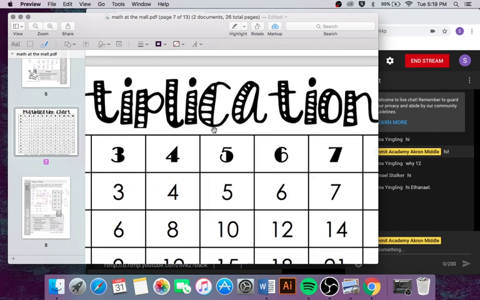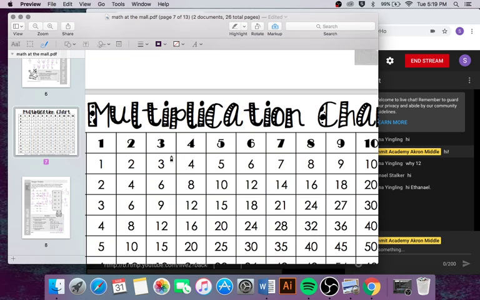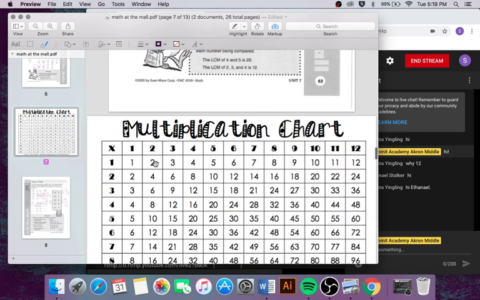So if we go back over here, we're looking for the least common multiple of 4 and 12, which is 12. 4 times 3 is 12, and 12 times 1 is 12.